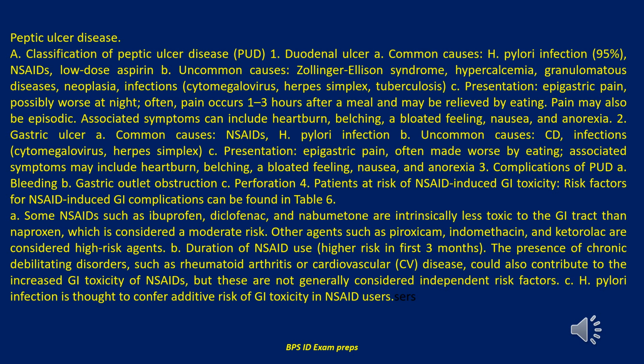The presence of chronic debilitating disorders, such as rheumatoid arthritis or cardiovascular (CV) disease, could also contribute to the increased GI toxicity of NSAIDs, but these are not generally considered independent risk factors. C. Helicobacter pylori infection is thought to confer additive risk of GI toxicity in NSAID users.